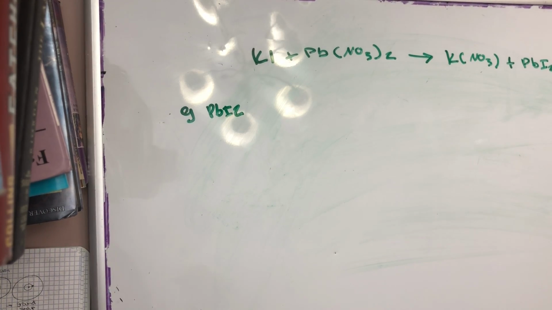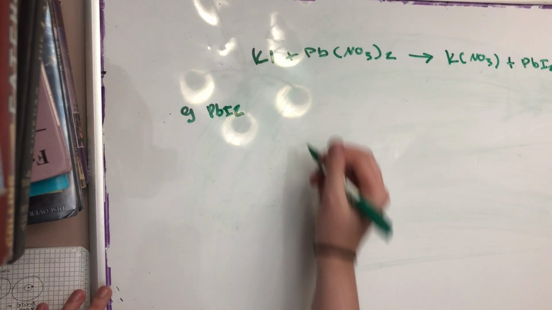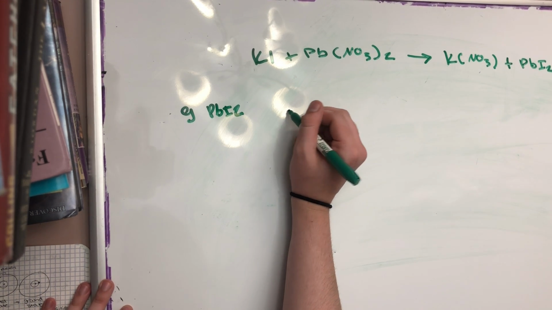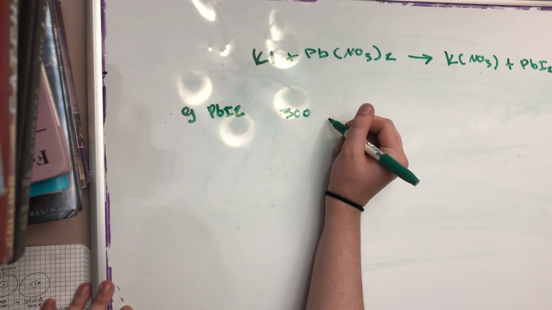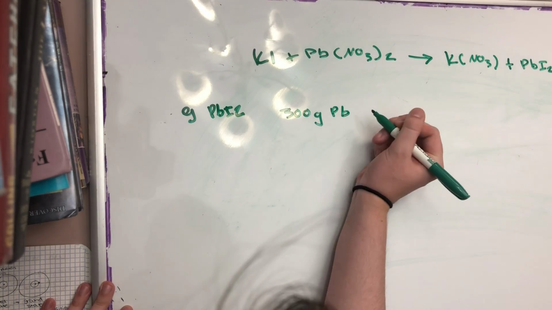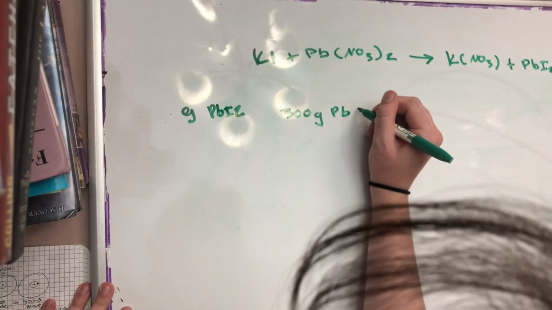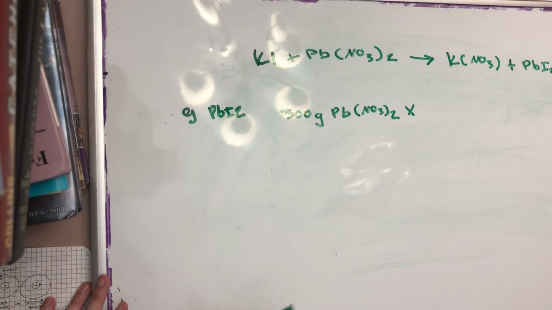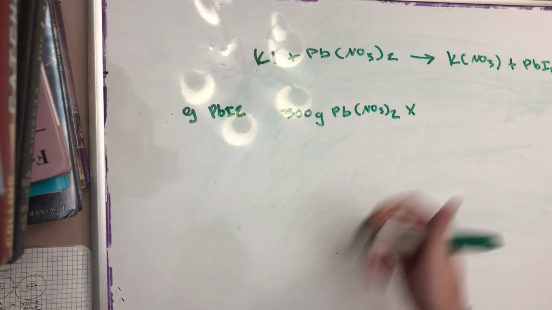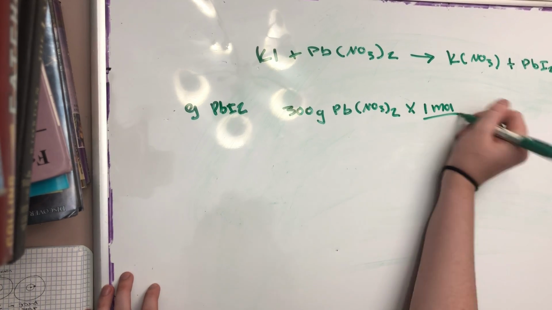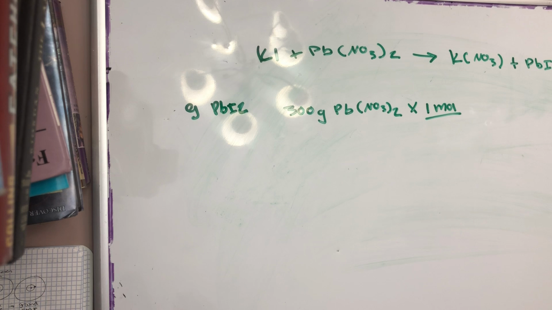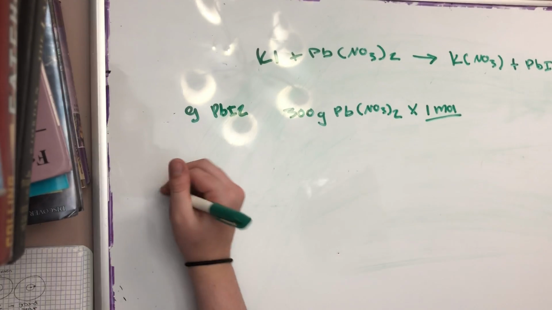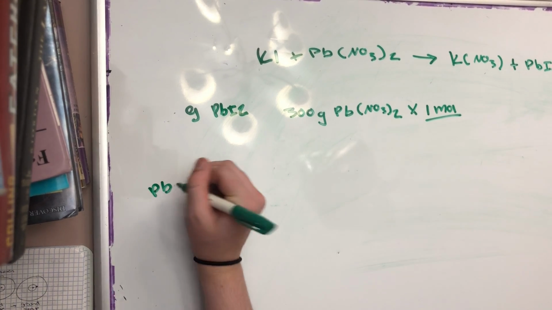To start the equation, we're given 300 grams of the Pb(NO3)2, and then to cancel it out, we're going to times that by 1 mole over, and this is where we need to look at our periodic table to add all of them up. So I'm just going to do this on the side real quick.